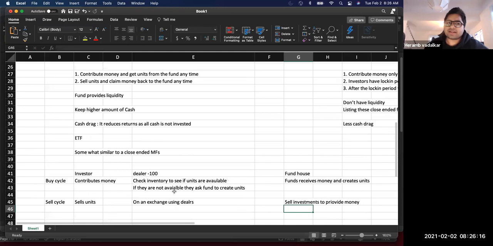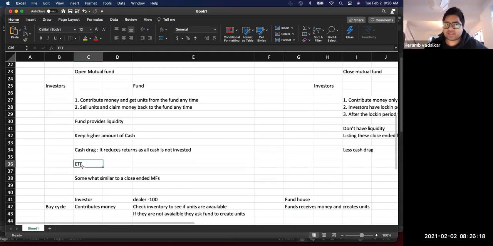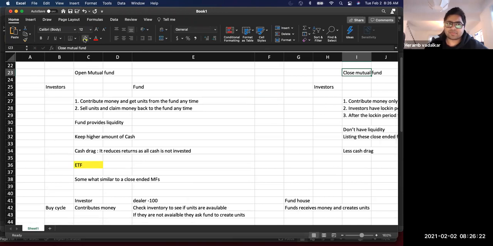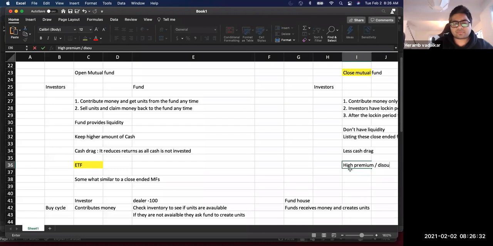Now, the advantage of an ETF, exchange traded fund, over a close-ended mutual fund is that close-ended mutual funds generally trade at a high premium or discount to assets.